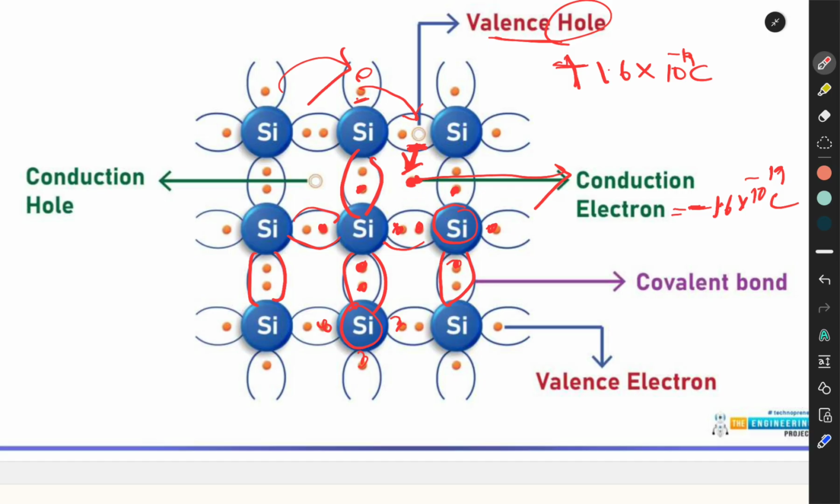So what can we say about the number of electrons and the number of holes here? Obviously, the number of electrons will be equal to the number of holes, isn't it? As the electron is moving, a hole is created. In this way, the number of electrons is equal to the number of holes.